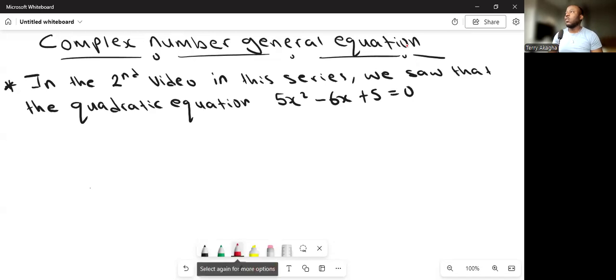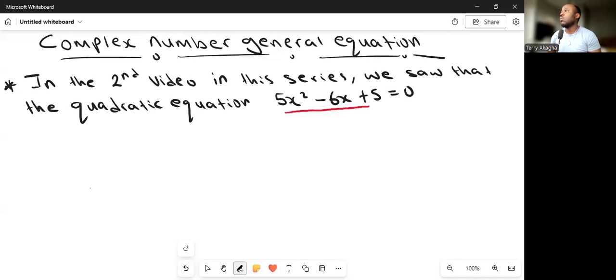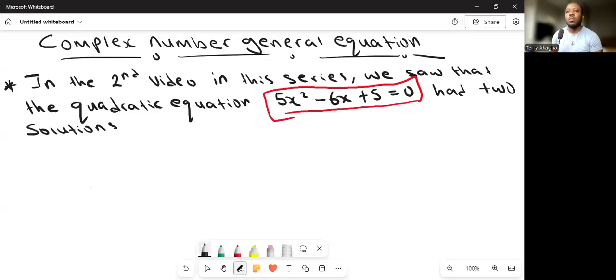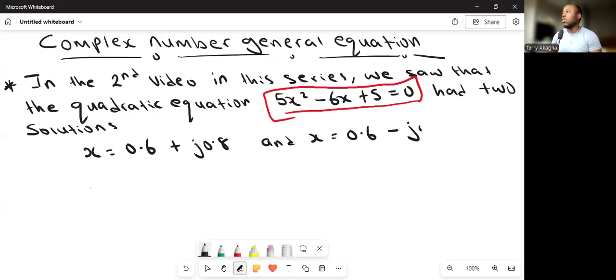This was the equation, and it had two solutions: x is equal to 0.6 plus j0.8 and x is equal to 0.6 minus j0.8.